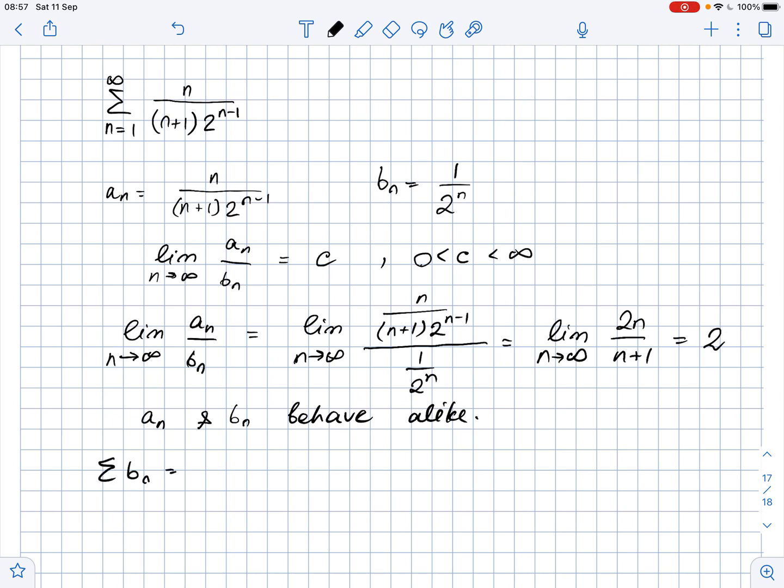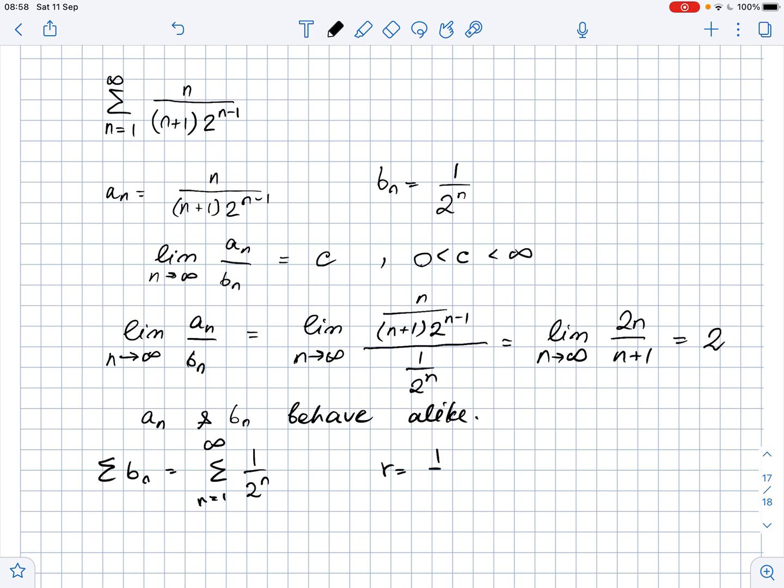So series b_n equals the sum of 1 over 2 to the power of n, where n goes from 1 to infinity. And here this series is an infinite geometric series, because basically every next term equals the previous term multiplied by 1 over 2.